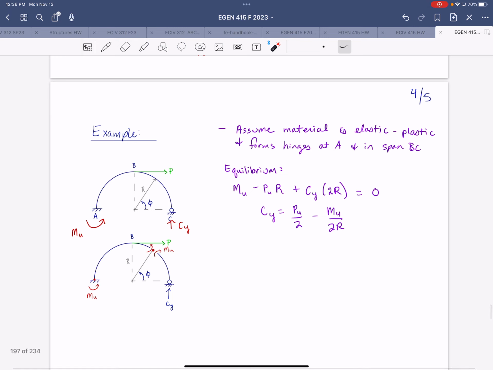Now, if we assume our second hinge forms in BC, we'll place that hinge somewhere in BC and isolate the right side of that hinge.